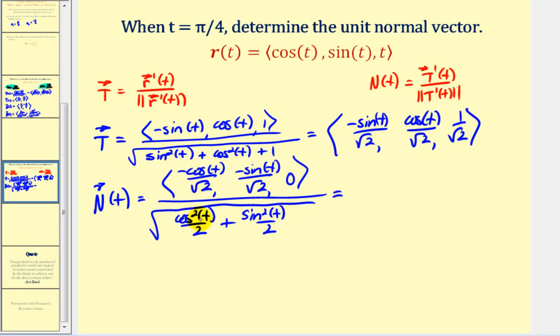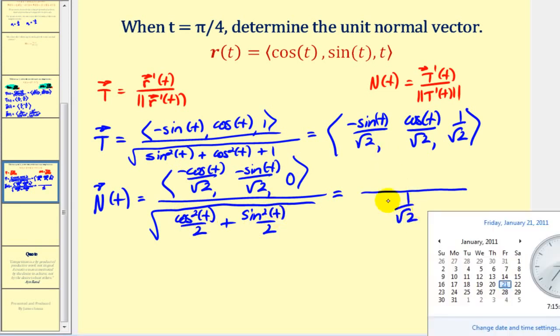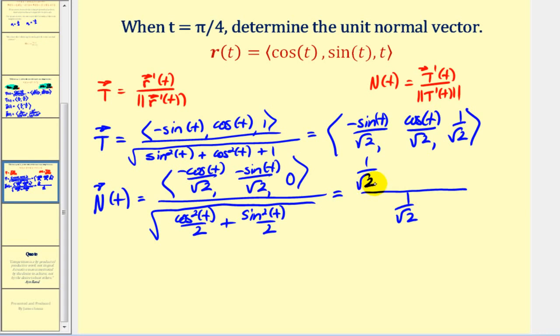We'll have cosine squared t plus sine squared t divided by 2. Well, cosine squared t plus sine squared t would be 1. So this will be the square root of 1/2, or 1 divided by the square root of 2. Now when I rewrite the vector valued function in the numerator, I'm going to go ahead and factor out the 1 over square root 2. It's going to give us negative cosine t, negative sine t, 0.